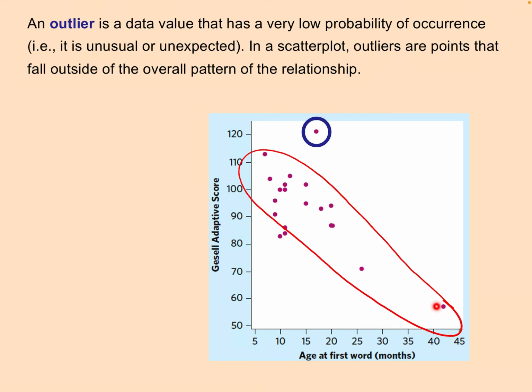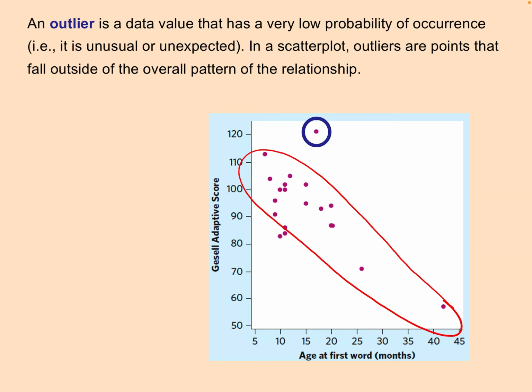Now, what about these data points down here? Technically, those aren't outliers because they're within the overall pattern. They're within the overall form of the data, just at an extreme end of it. So here we're looking at age at first word in months for babies or young kids. And here we have the Gesell Adaptive Score, a measure of intelligence, essentially.